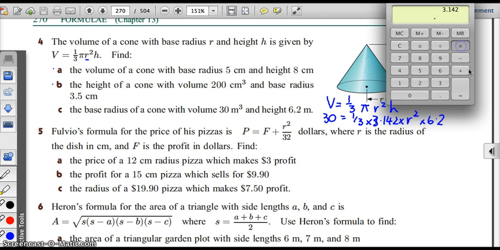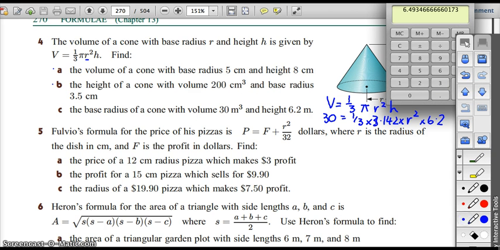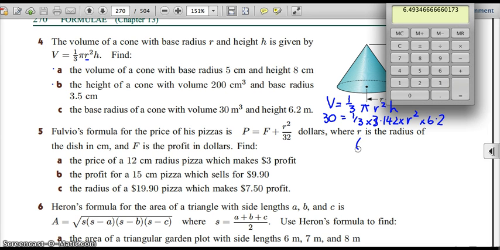And then if we times that by 1/3, all up on this side, we'll have 6.4935 r squared equals 30.